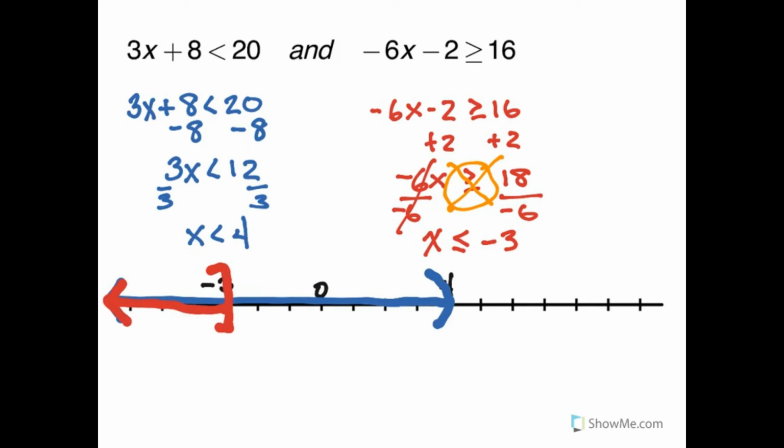Well, we're combining with AND. So what interval on the number line has both blue and red? It's this interval below negative 3 and including negative 3. So the interval from minus infinity to negative 3, including negative 3, fulfills both inequalities.